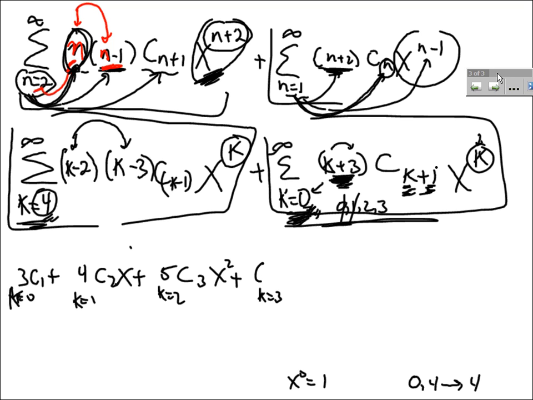3 plus 3 is 6, and 3 plus 1 is 4, and x to the k, and k is 3. Okay, so I did that hopefully nicely.